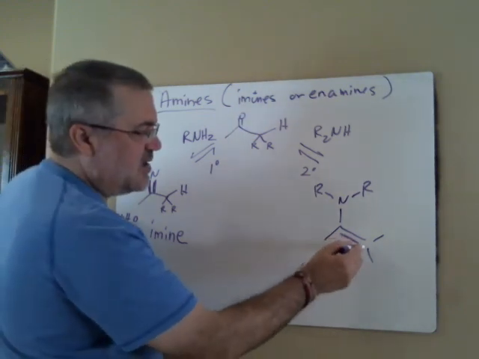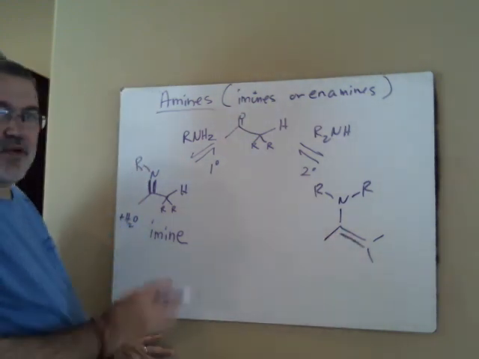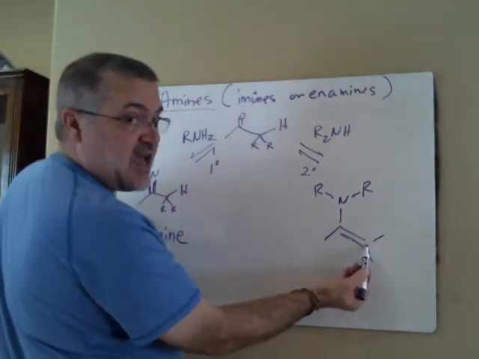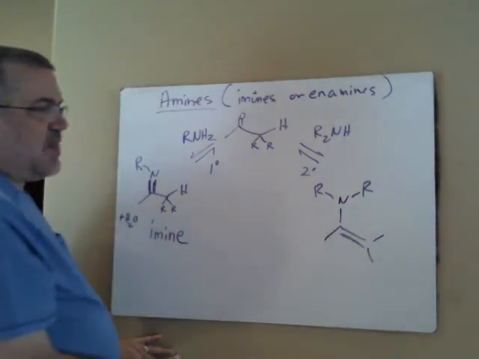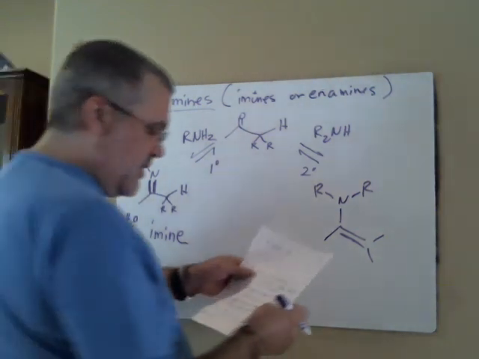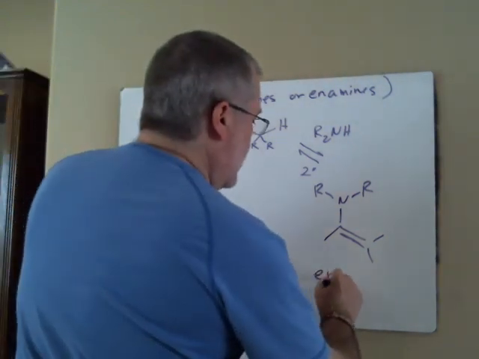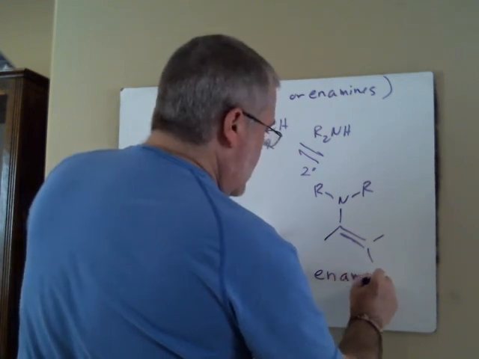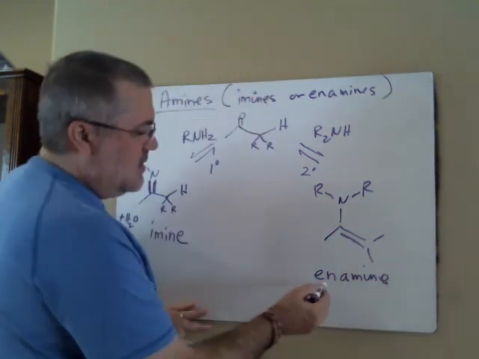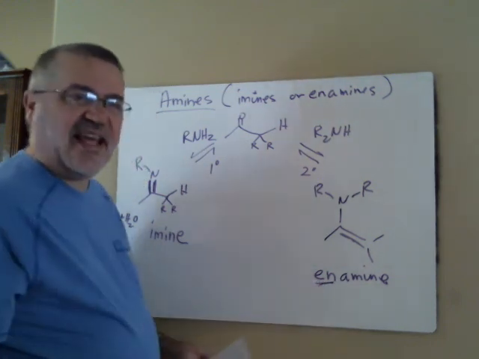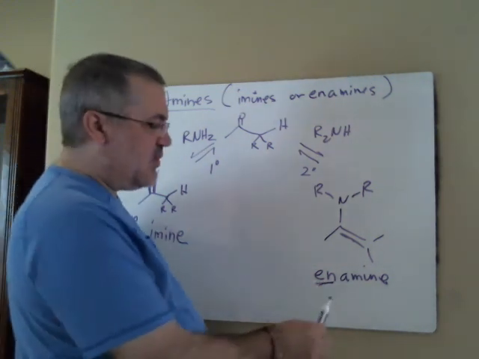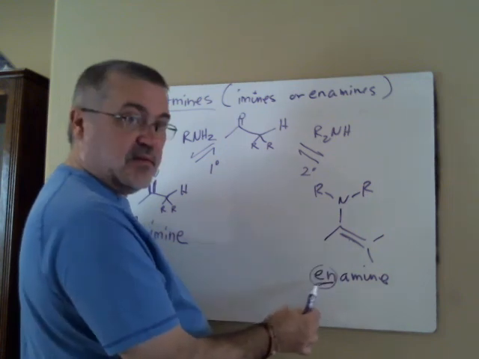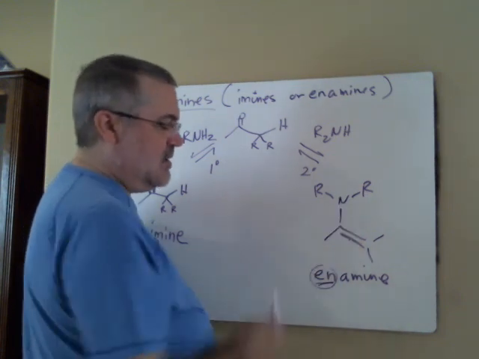You're actually going to end up with the double bond between two carbons: what was the carbonyl carbon and what is in the alpha position. Okay? And this is called an enamine. It's not pronounced "enimine", even though that probably would make more sense. This is because it's got a double bond, and it's an amine.